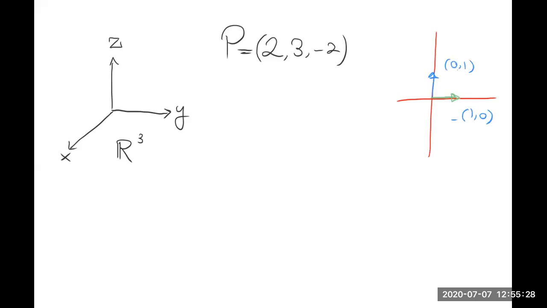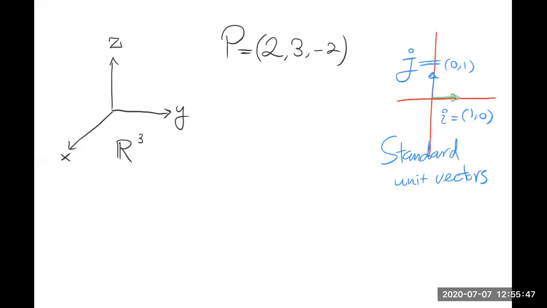We showed 1, 0 with I, and 0, 1 with J. These are the standard unit vectors in R2. We have standard unit vectors in R3 too.